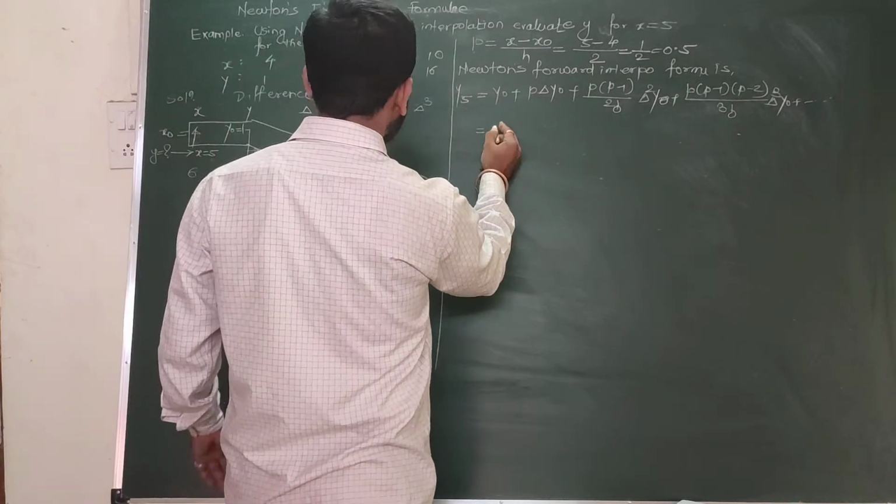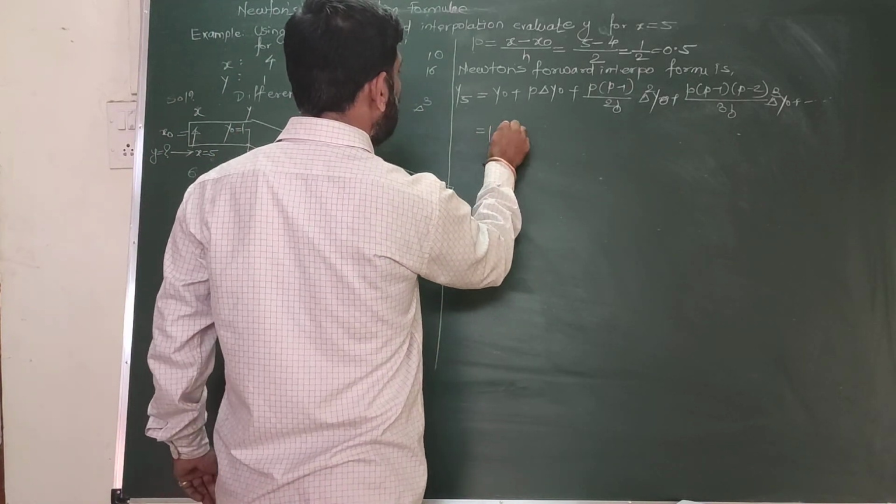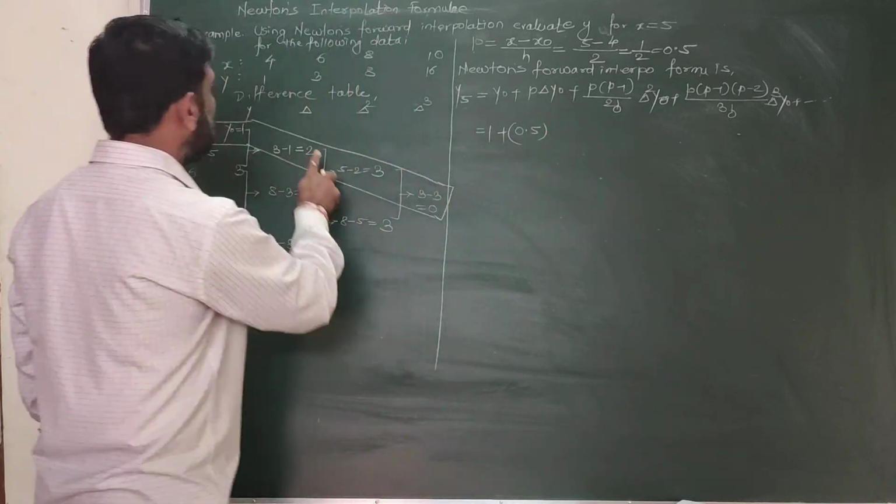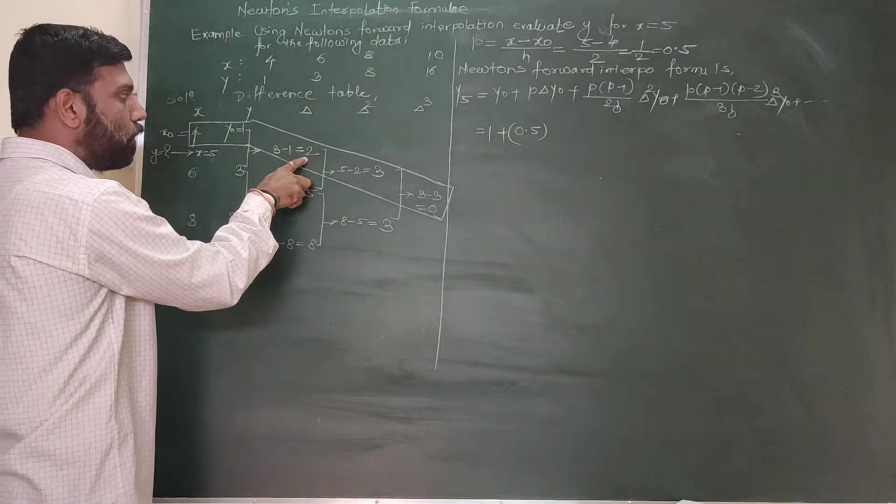Now we'll substitute the value y0, it is 1, the p value, delta y0, that is the first value of that table.